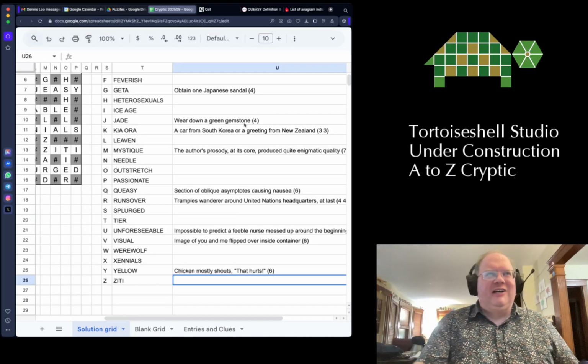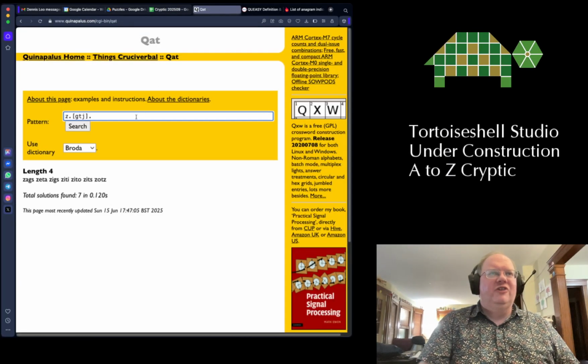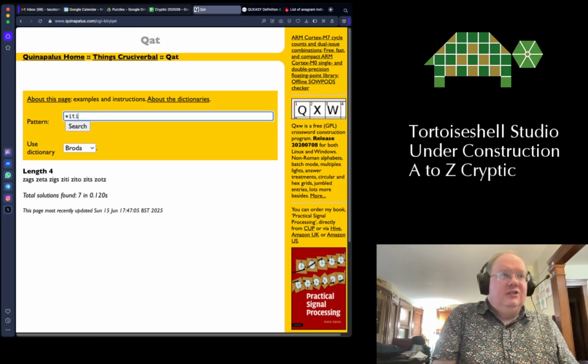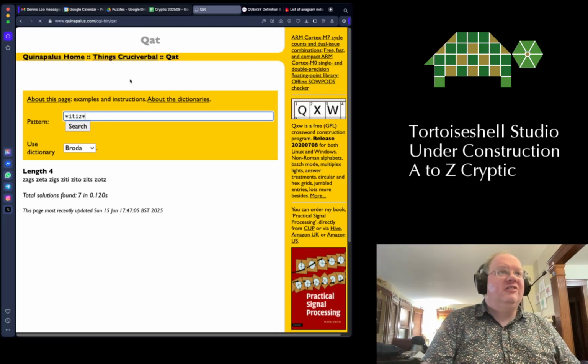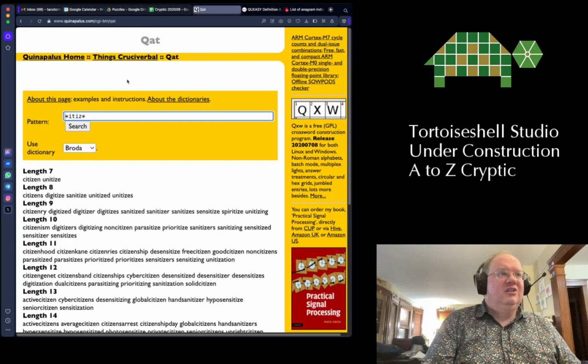Digitized pasta sounds really weird, though. I wonder if there's other words ending in TZ: sensitized, citizen, sanitized, prioritized.